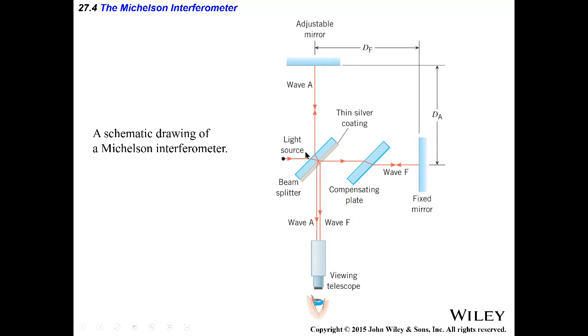So both beams went through the same path length, and they had no surprises because the rule for the 180-degree phase shift doesn't apply. This is being reflected from dense medium to light medium, so there is no 180-degree phase change.